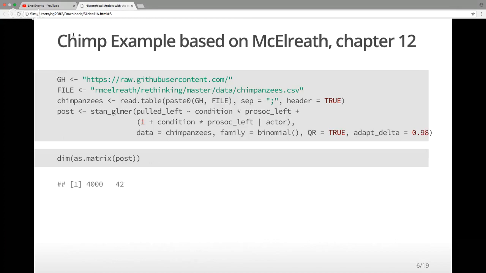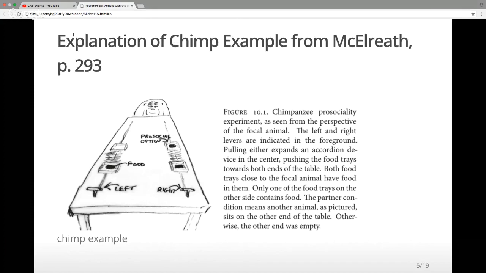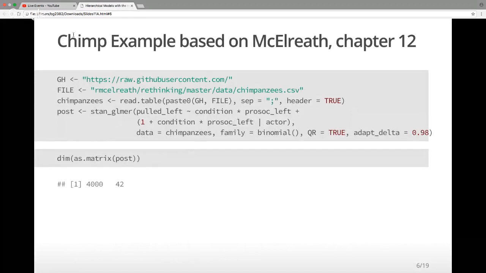That depends on various experimental conditions that were manipulated by the researcher, but there's another variable that says, are the 2 boxes of food on the left or on the right? So they didn't want to systematically do that. So that was randomized as well.